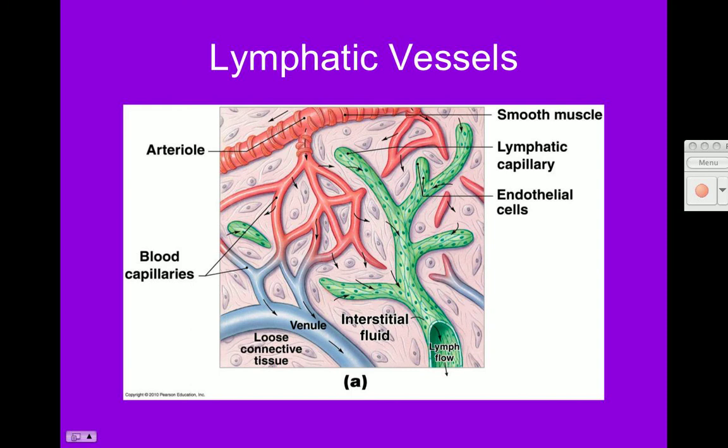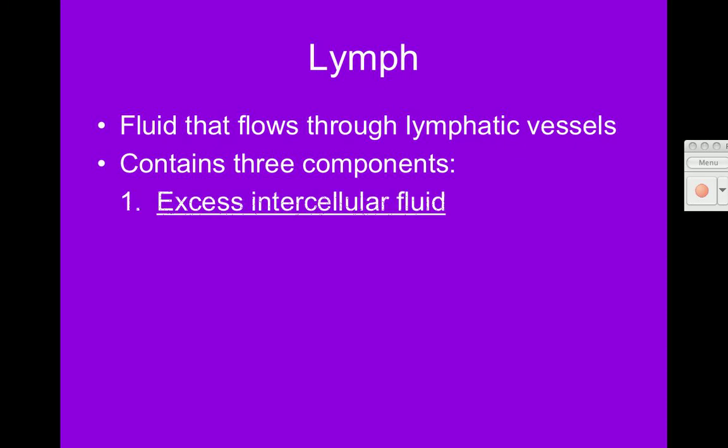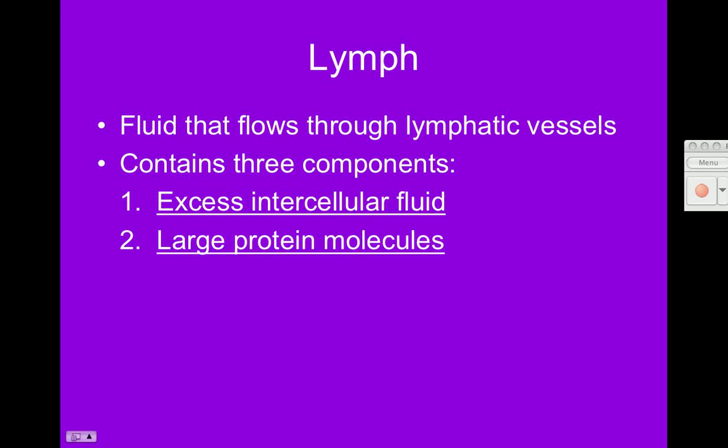Now the fluid inside of those is called lymph, and there are three components to it. There's extra intercellular fluid, or interstitial fluid, which comes out of the bloodstream, so it's from the plasma portion of our blood. There are also large protein molecules in there, so that's why it's important for the lymphatic vessels to have that.